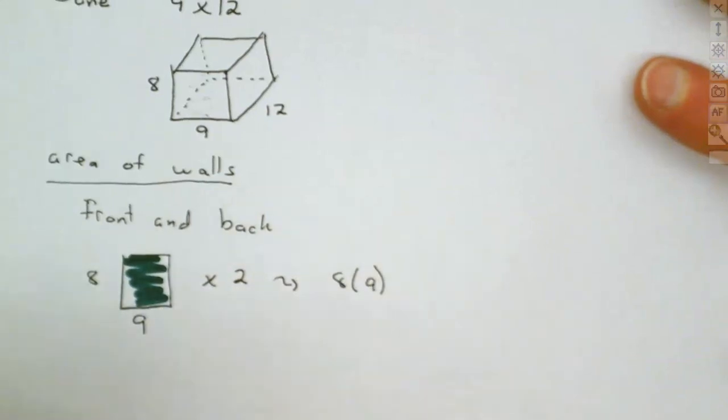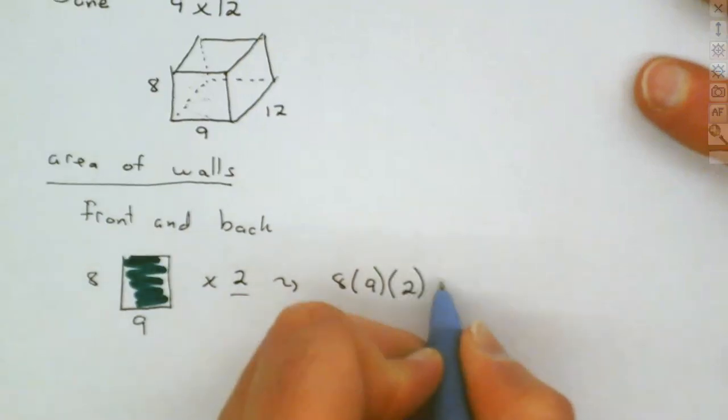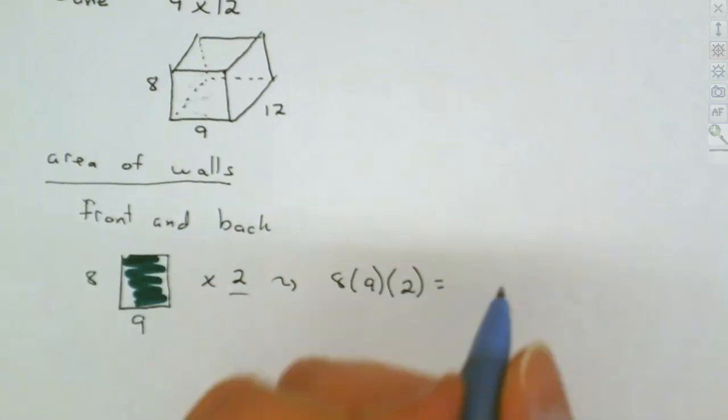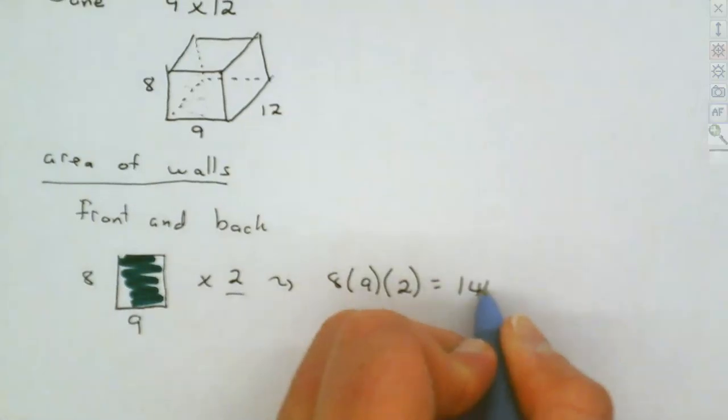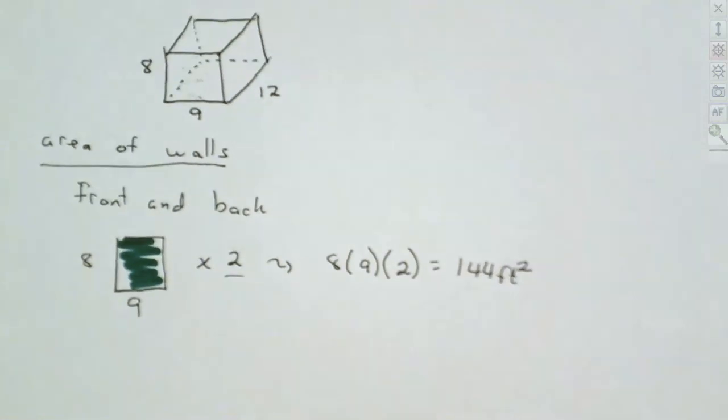And what else do we have to do with it? Multiply it by what? 2, because there's a front and a back wall. So how many square feet would that be? That's 8 times 9 times 2, so that gives you 144 square feet. So that's part of it.